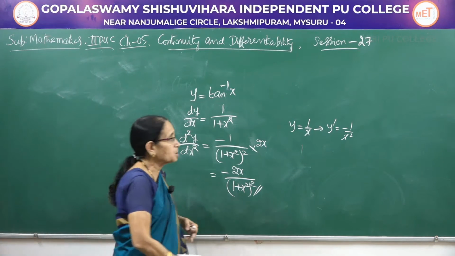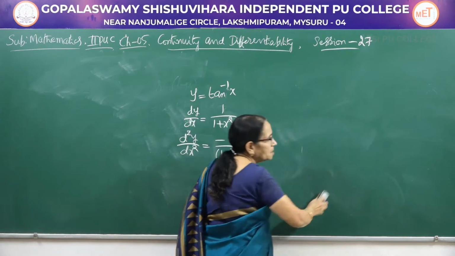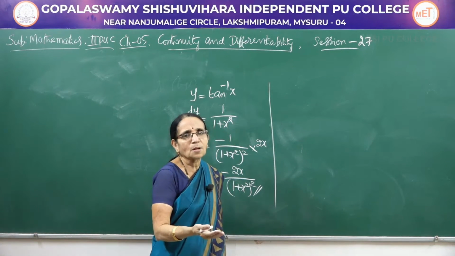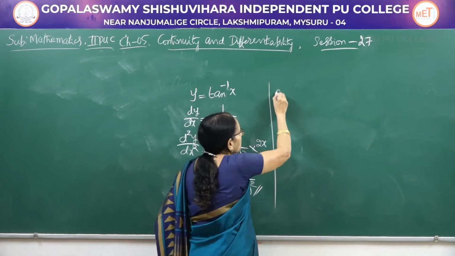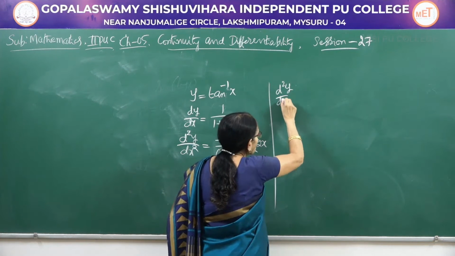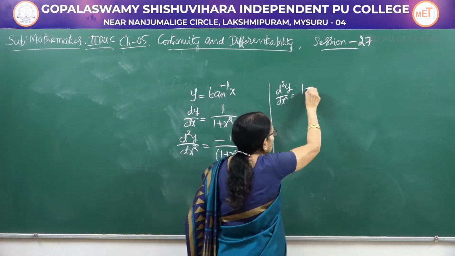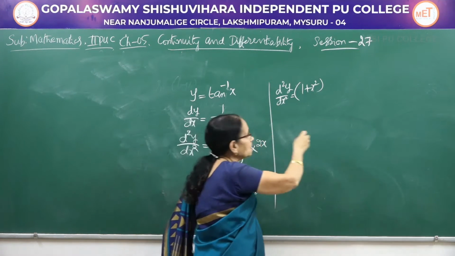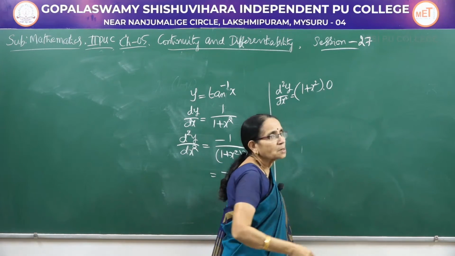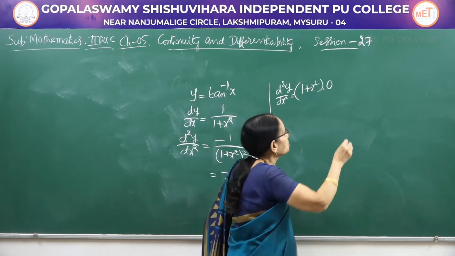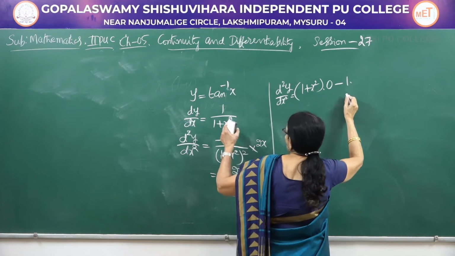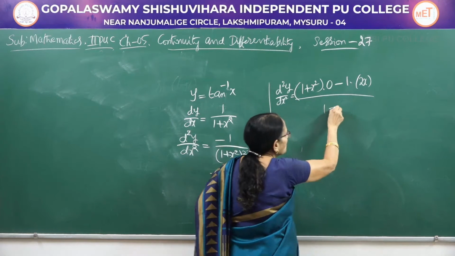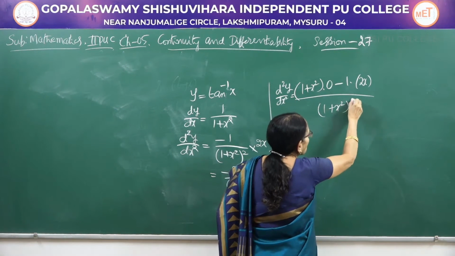You need not do both the methods here. Suppose you apply the quotient rule here, just to show you that any method will give you the same result. Suppose I make use of the quotient rule here: denominator, which is 1 plus x square, into derivative of the numerator, for 1 being a constant, it becomes 0, minus the numerator into derivative of the denominator 2x, whole thing divided by the square of the denominator.